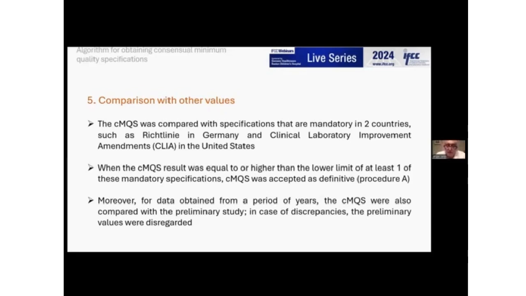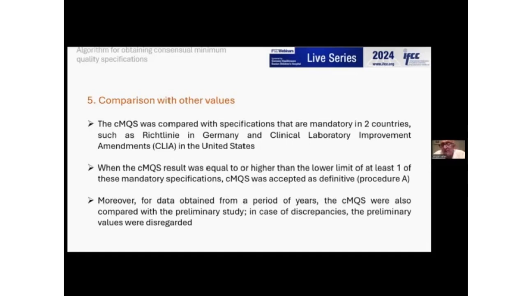We have a candidate value. We look for the data from Germany and the United States, and from all of them, we take the smallest quantitative value. If it turns out that the specification we initially chose is equal to or higher than the smallest value, this candidate specification becomes definitive, and this would be process A.